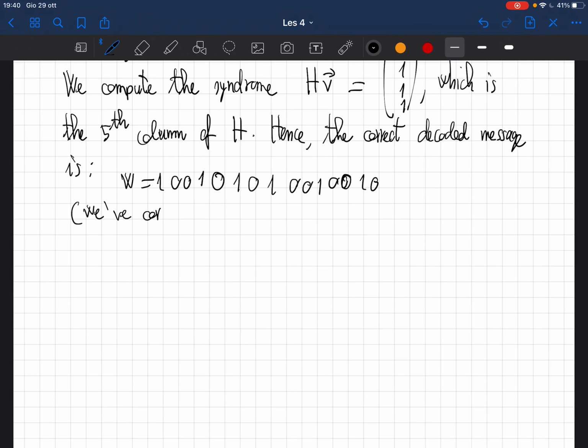Just to be really detailed, we've corrected the fifth digit.